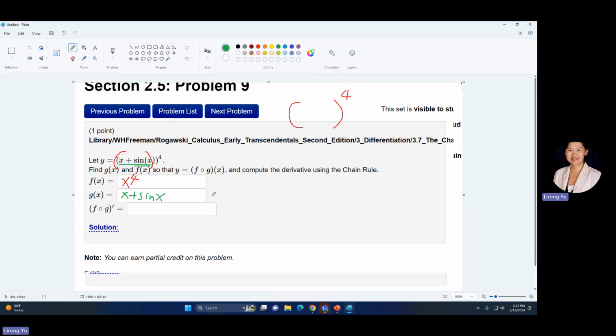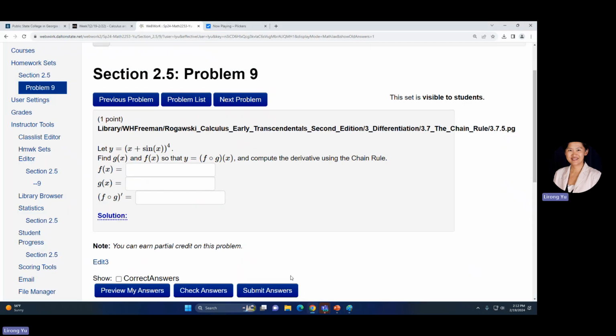Right? Once you identify the inside function and outside function, you will apply the chain rule. That is, you find the derivative of the outside function multiplied by the derivative of the inside function. So here we're going to put x to the power 4. So the f is whatever was outside, and this is the x plus sine of x. Now, last one is the chain rule.